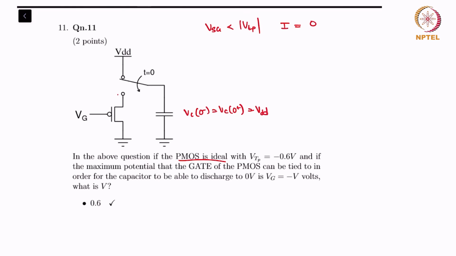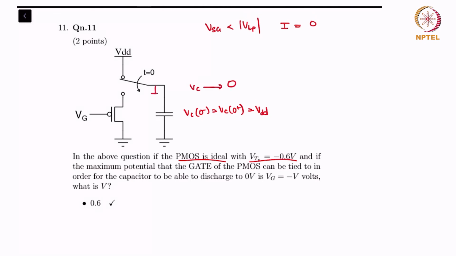We are asked what is the maximum potential that the gate of the PMOS can be tied to in order for the capacitor to be able to discharge to 0 volt, right? And we are also given that VTP is minus 0.6 volt. So the idea is that you want Vc to discharge all the way to 0 volt.